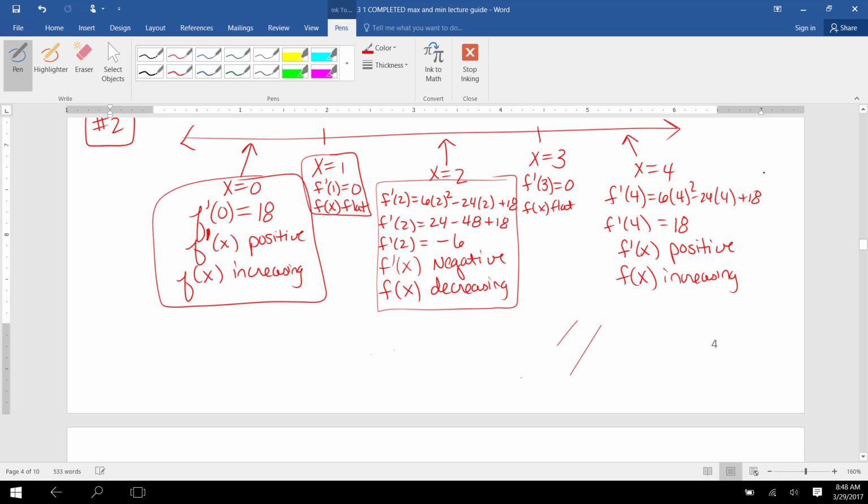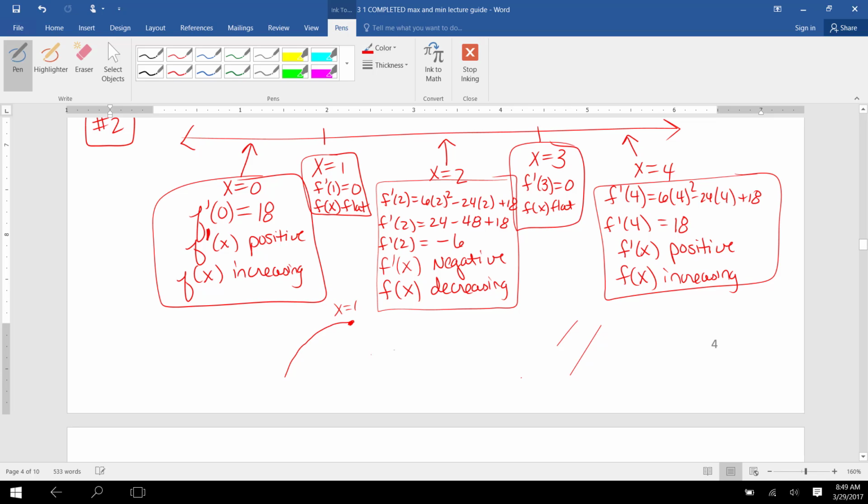All right, we have now used this first derivative test to get a clear understanding of the increasing and decreasing nature of f of x on the entire set of real numbers. I now understand f is increasing and then flat, so it kind of looks like so. Increasing and then flattens at x equals 1.